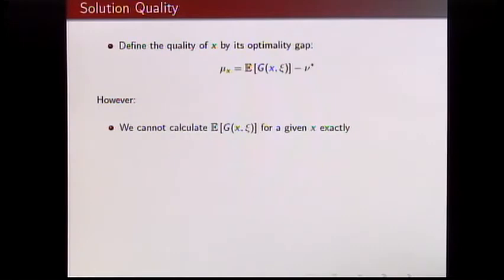So even for a given x, it's a multidimensional integral, for example. It's very difficult to calculate this. On the other hand, we also don't know what the optimal value is. Of course, we cannot calculate this. Not even this term, but definitely not that term. If I knew this, I'm done anyway, okay?